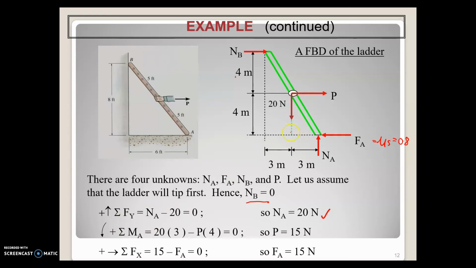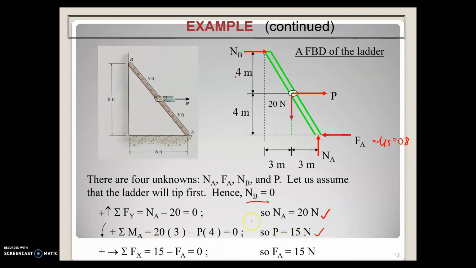So, 20 rotate dengan distance 3, positif, alright. P akan rotate dengan distance 4, counter, negatif. So, kat sini you akan dapat P equal to 15 Newton.